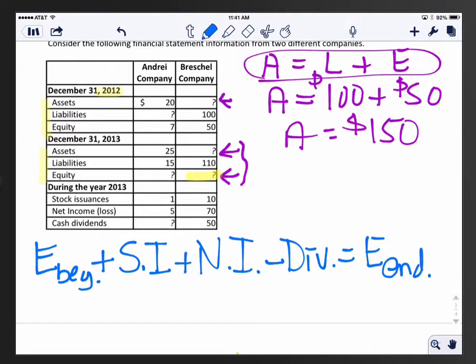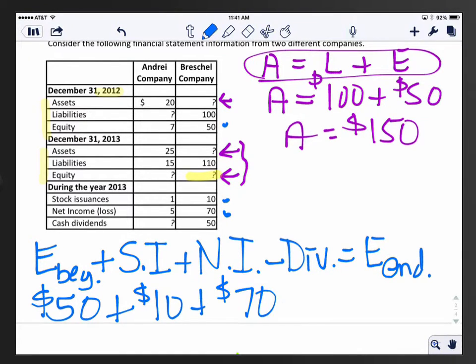So let's fill in the numbers. What do we have? We have beginning equity up here is 50, so let's fill it in. We have stock issuances of 10. We have net income of 70. We have dividends of 50. And we've got our unknown on one end, right?